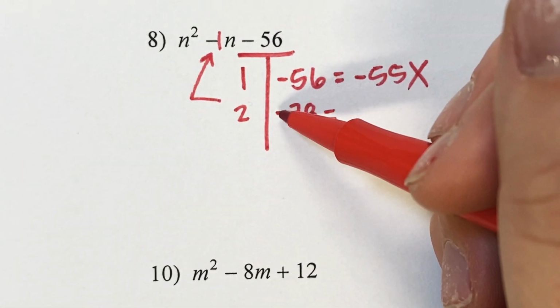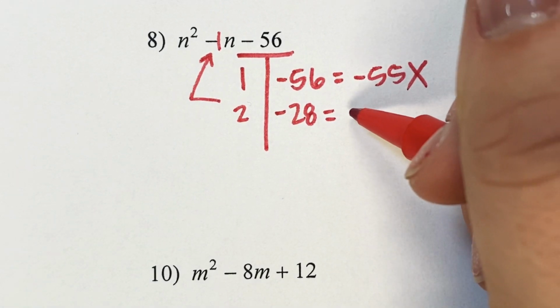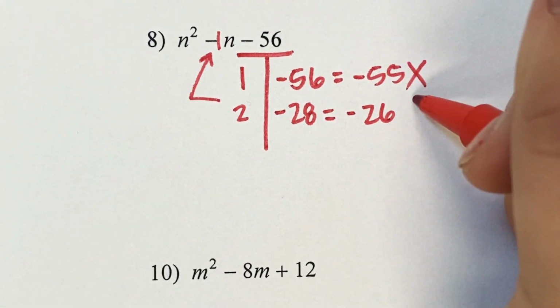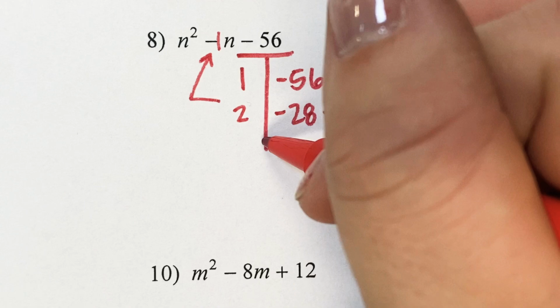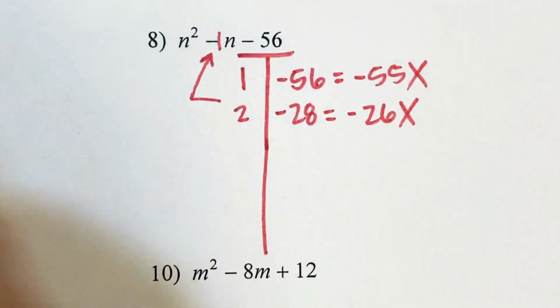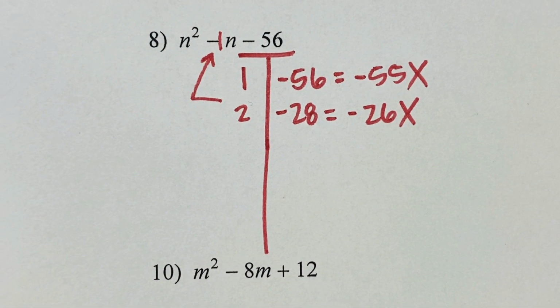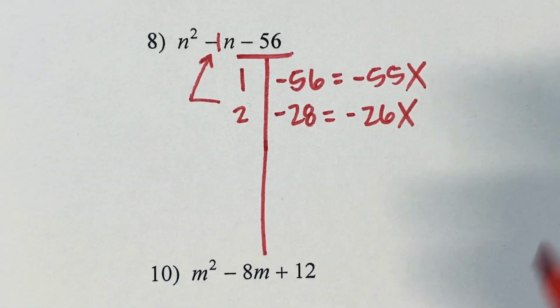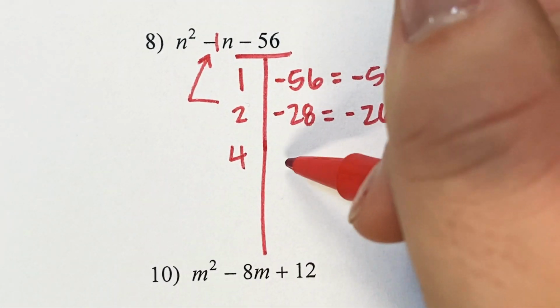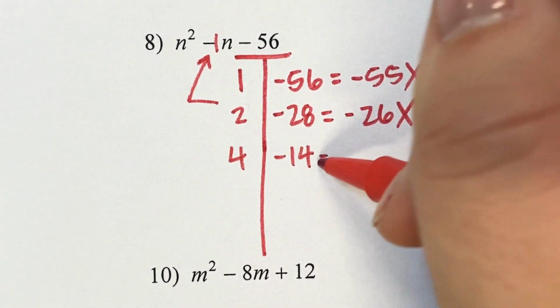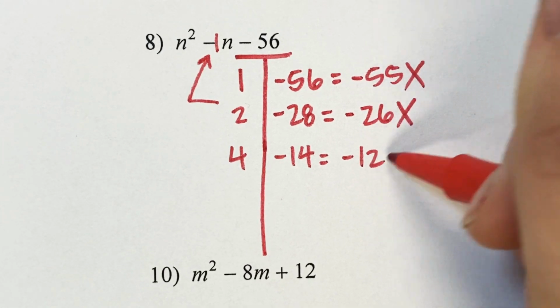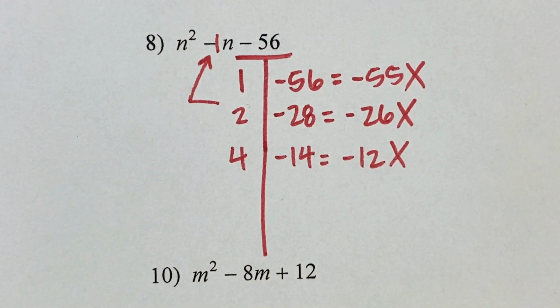But 2 minus 28 is going to give me negative 26. Definitely not. Let's keep trying. Can 4 go into 56? Yep. 4 times negative 14 is going to give me negative 10. We're kind of getting closer, still not there.